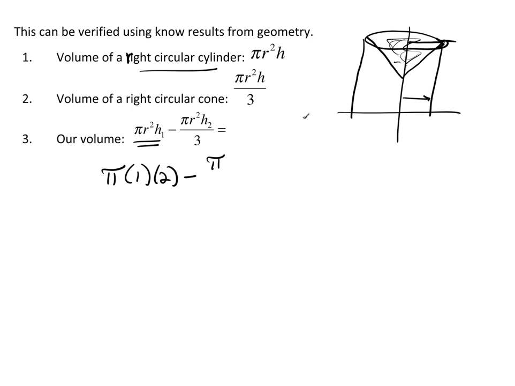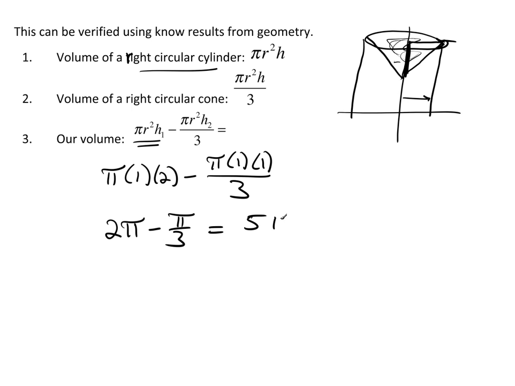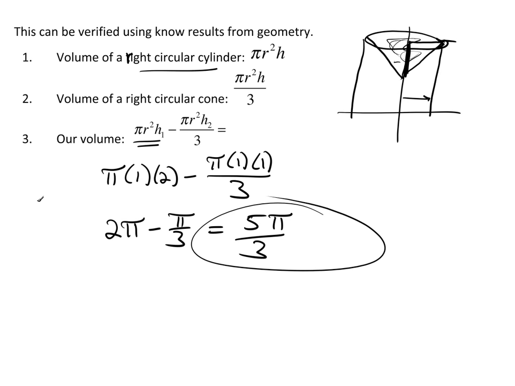R is going to be 1. The height is the height of this cone, which is also 1, over 3. So this is 2 pi minus pi over 3, which is 5 pi over 3 as previously advertised.